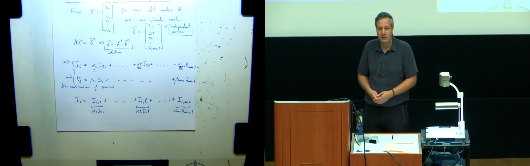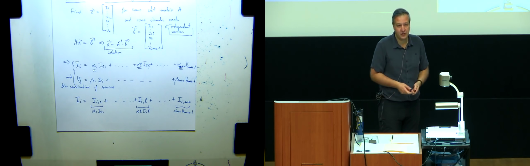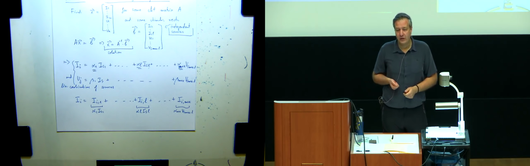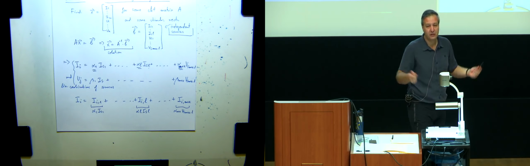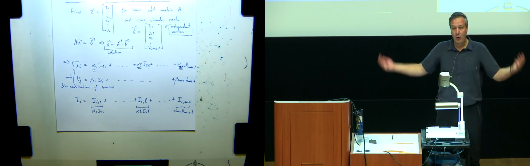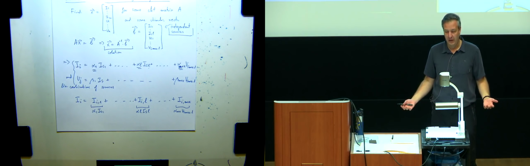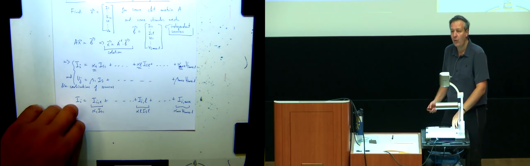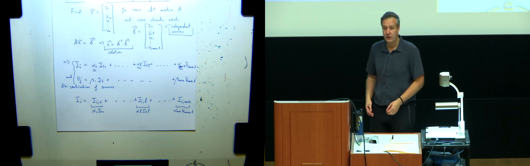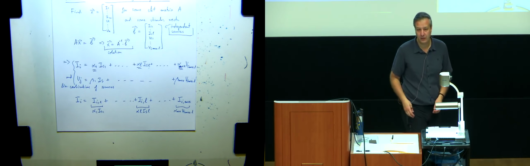Mathematically, it works out. Right? These are independent sources. I can control their values. Right? And I just set them to 0. I solve, again, the whole circuit. Right? If I set them to 0, I still need to, if I know A inverse, okay, I've already solved the circuit, so I just multiply out, right?